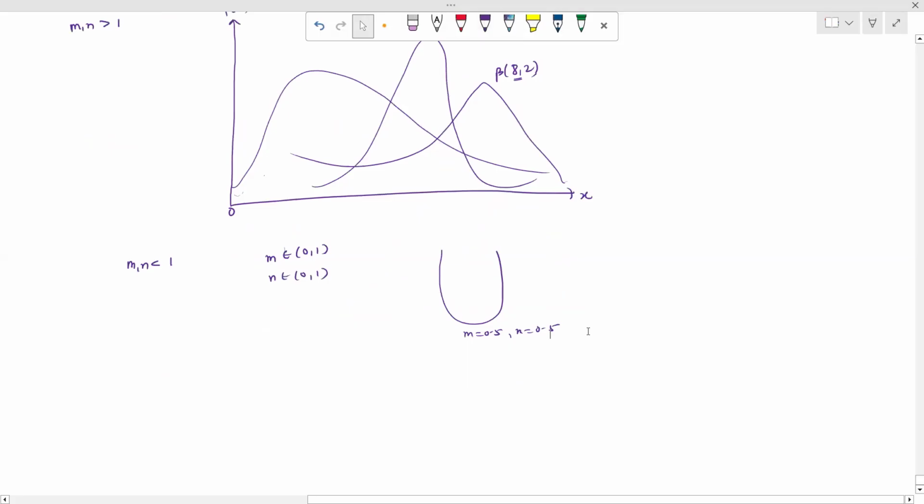Now we can take one example based on this beta distribution. So we can take a real example.